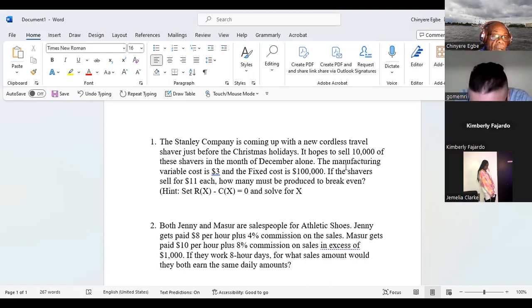Because if they sell 100 hot dogs, it's 50 cents times 100, so that is $50. If they sell 200 hot dogs, it's 50 cents times 200, so that is $100. Is that clear? So the variable cost is 50 cents, but the fixed cost is $150. The stadium takes that, and it's up to you to sell as many hot dogs as possible in order to make a profit.